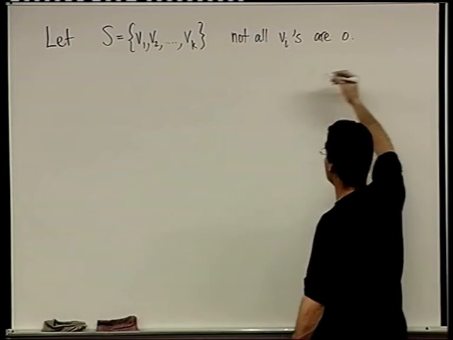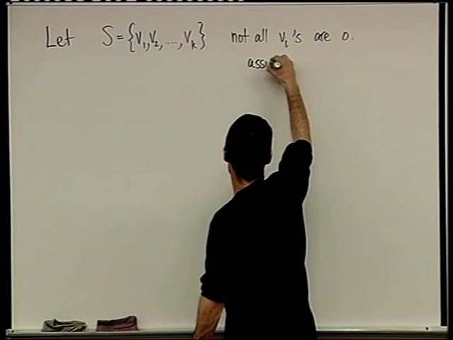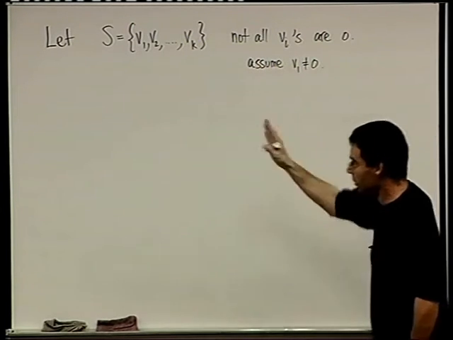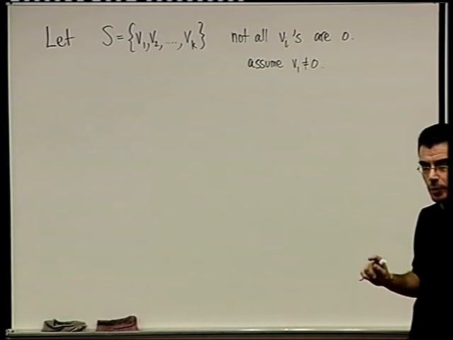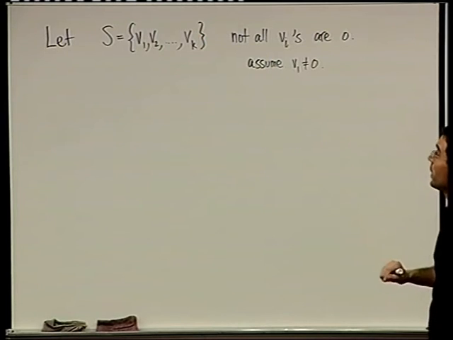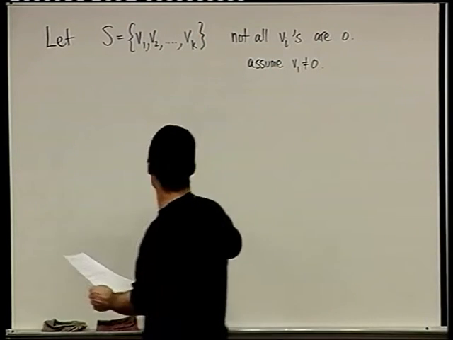Assume V1 is not 0. Let's stick the one vector that we are assuming is definitely not 0, let's call it V1. And then there are two theorems.